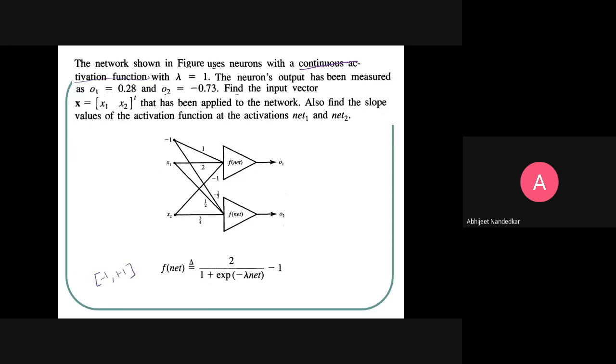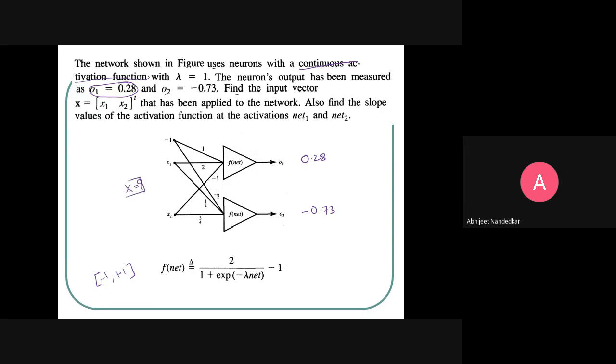The neuron output has been measured as O1 is 0.28 and O2 is -0.73. Find the input vector x. So that is the question.